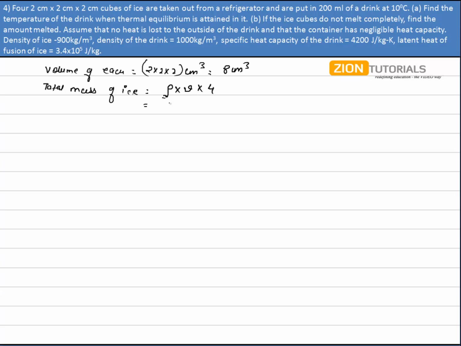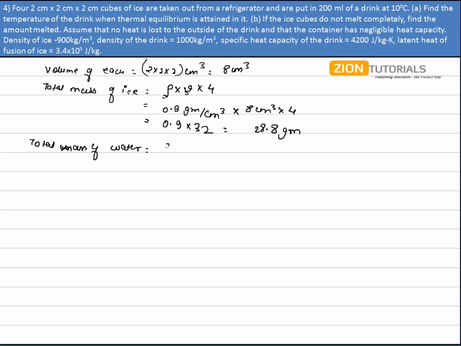So I have density as 0.9 gram per centimeter cube into volume, that is 8 centimeter cube, into 4. So the total mass comes out to be 0.9 into 32, that is 28.8 grams.